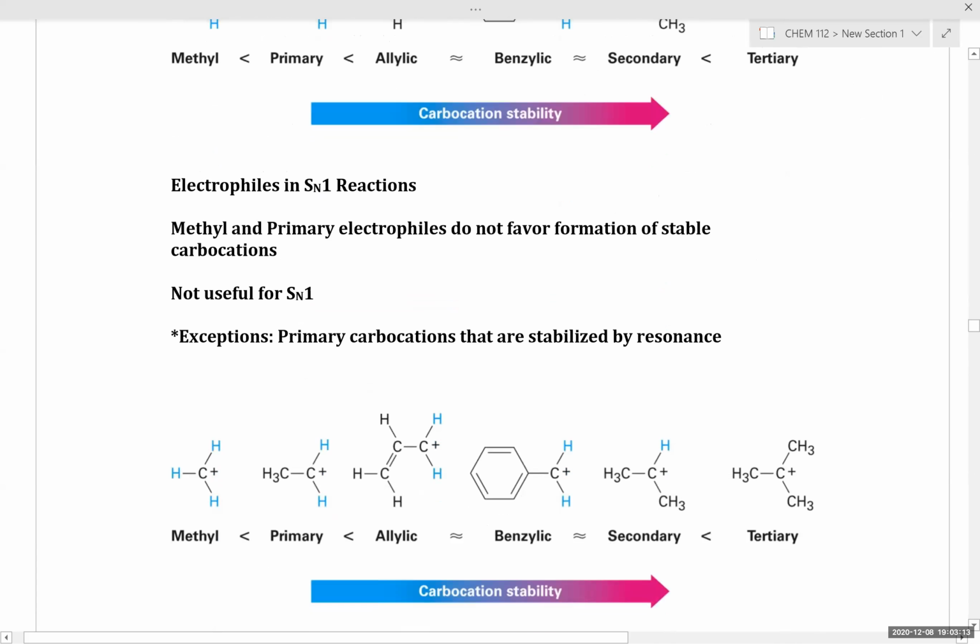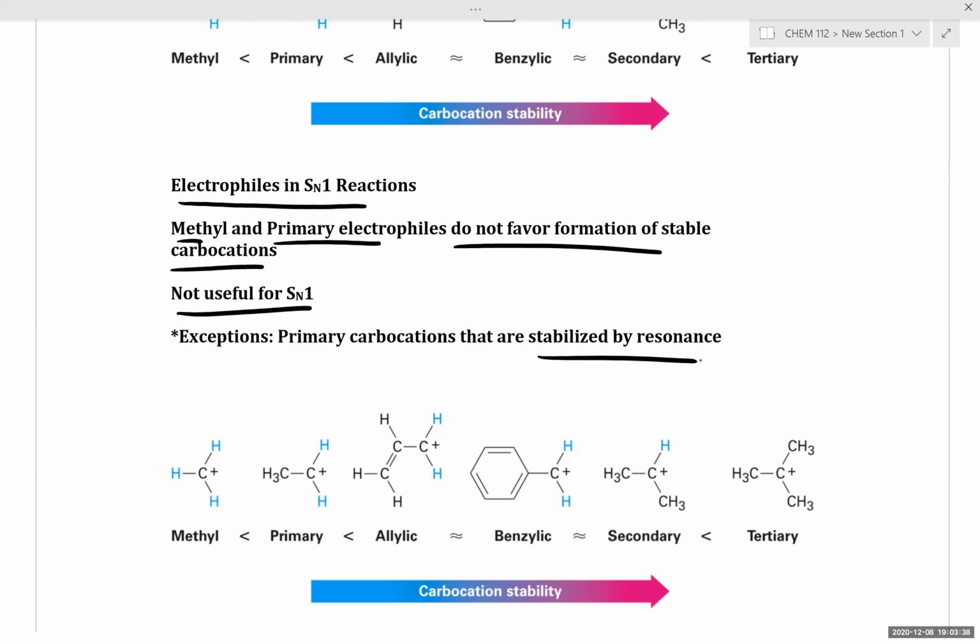Okay. So, in terms of electrophiles in the SN1 reaction, the methyl and primary electrophiles do not favor formation of stable carbocations, and as a result, they're not useful for SN1 reactions unless they're a resonance stabilized carbocation.